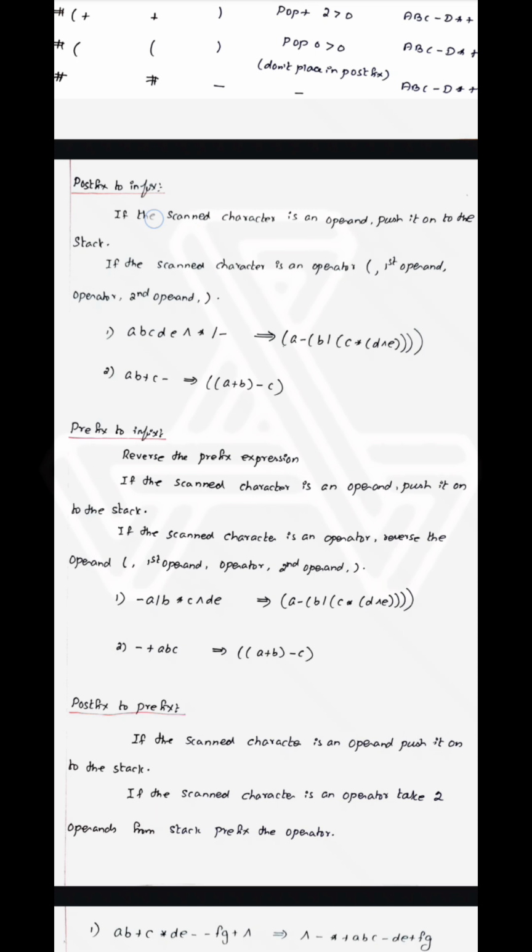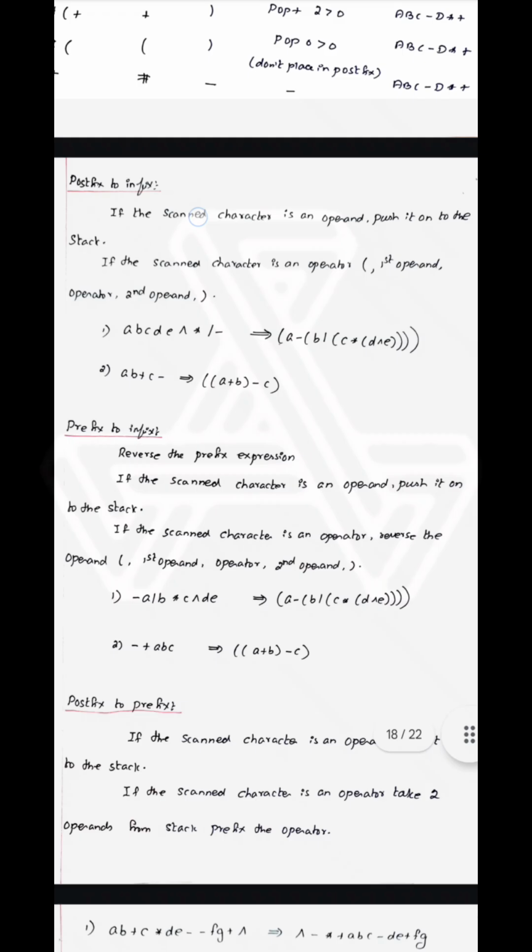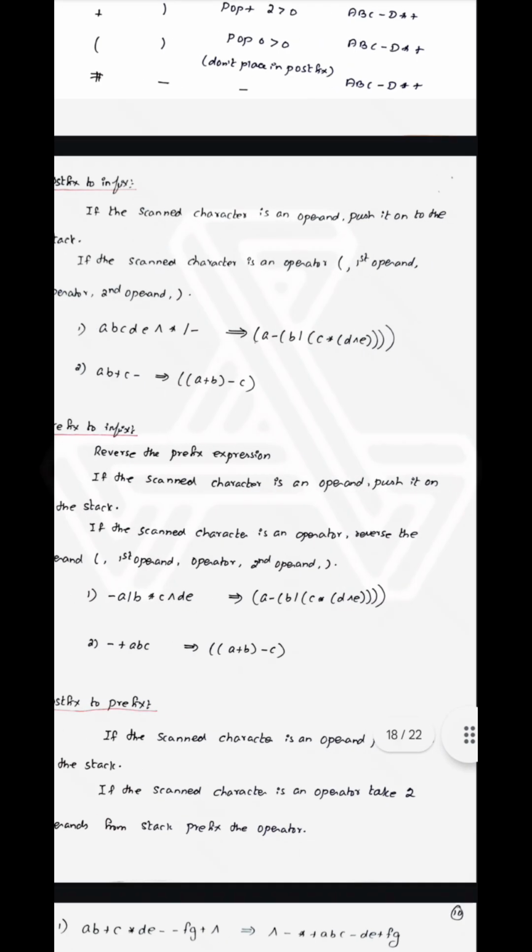Operand, push it to the stack. The scanned character is an operand. Then D E power, so D power E. Then C star D power E. Then comes B divided by C into D power E.